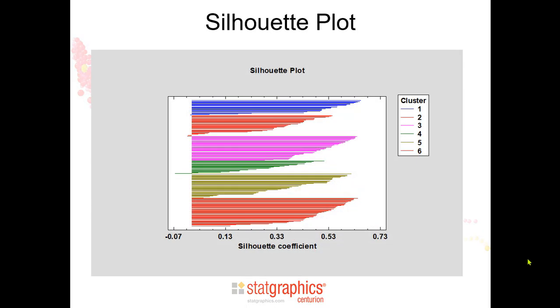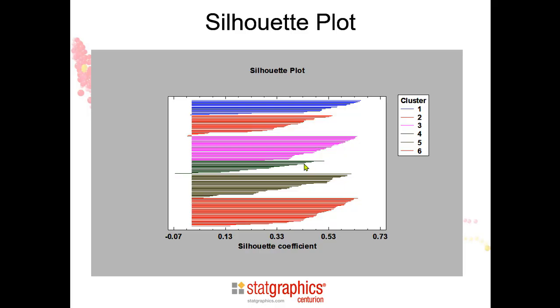It's also common to create a silhouette plot similar to what you see here. The silhouette plot shows the silhouette scores for each of the members of its cluster. A well-defined compact cluster would show a shape similar to that of cluster 3. You notice that all of the members of cluster 3 have relatively large scores.